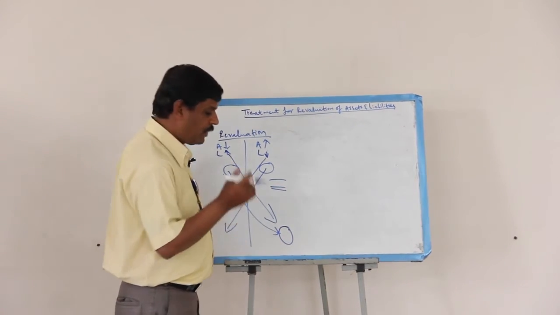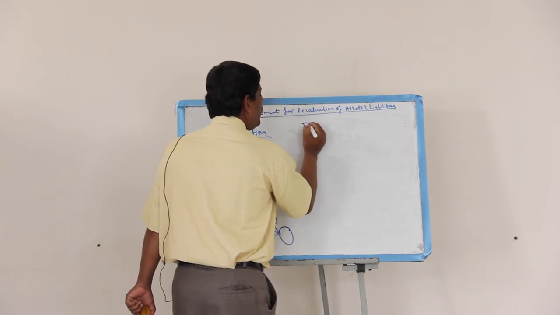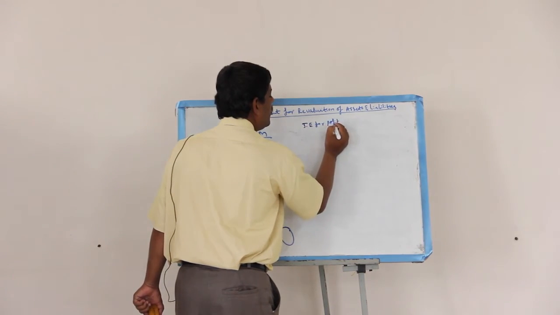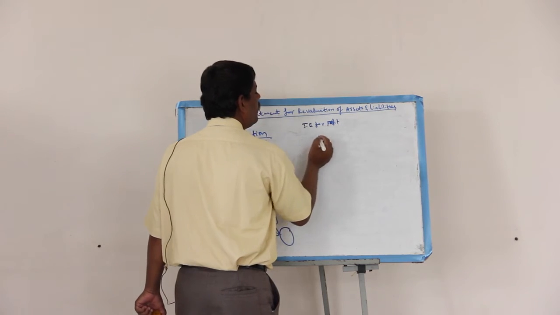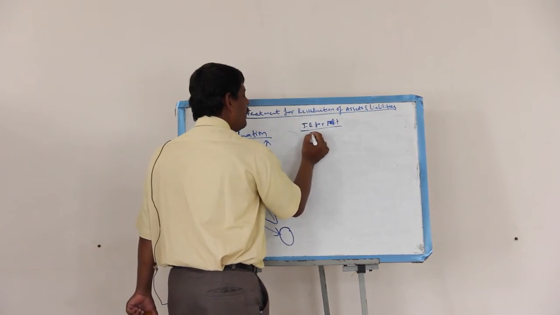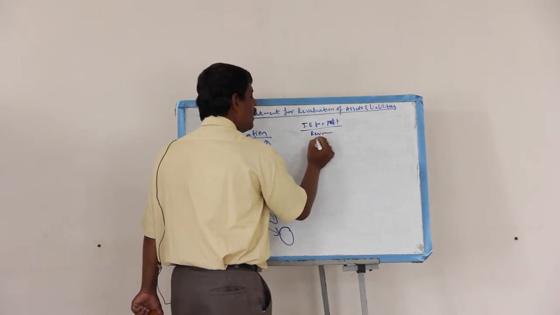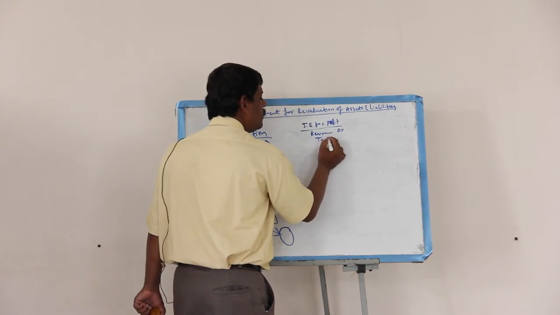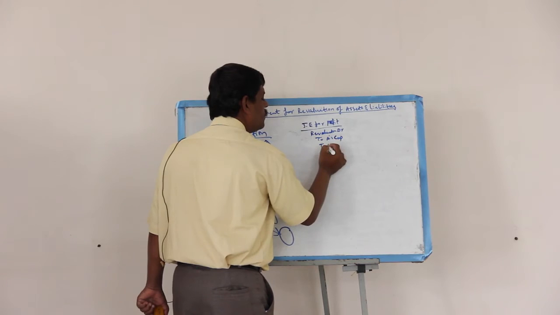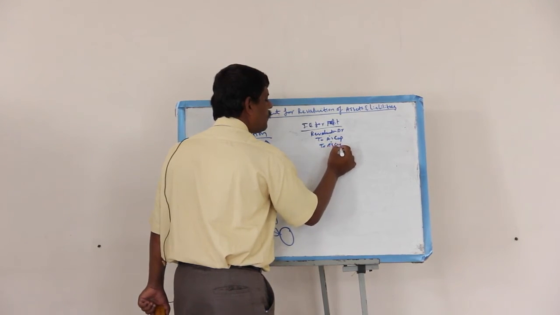So now the journal entry for profit on revaluation of assets and liabilities. The same entry will come: revaluation account debit to A's capital account, to B's capital account.